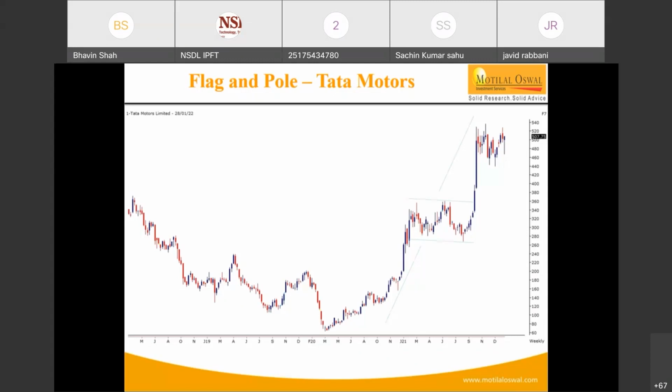So as soon as a high of 525.30 is crossed, again there would be a breakout of a flag and pole pattern, and I think Tata Motors should ideally do well. So these patterns do really work well if they are captured at the right price and at the right time, and if we ride the entire trend on the higher side.